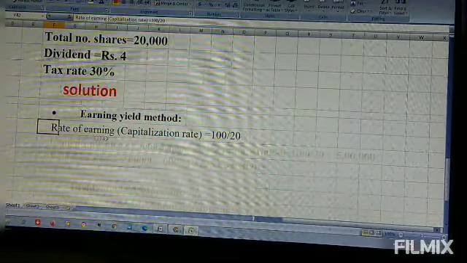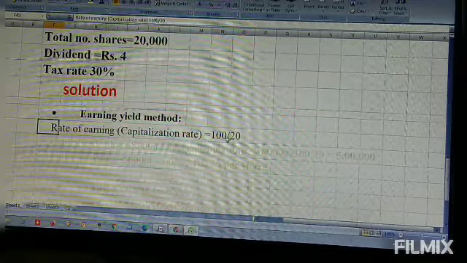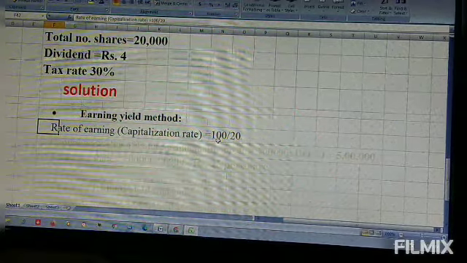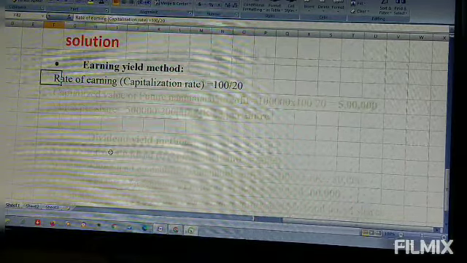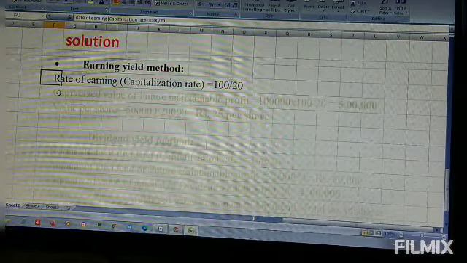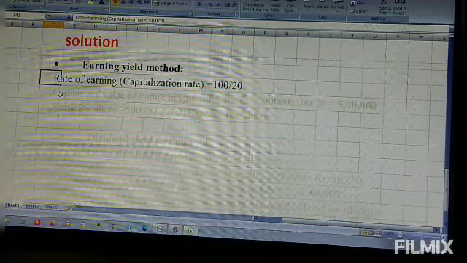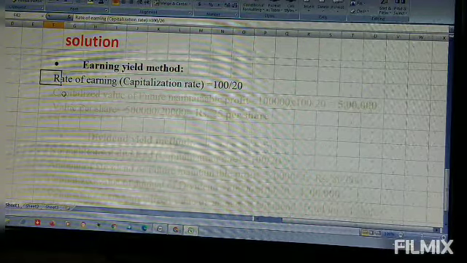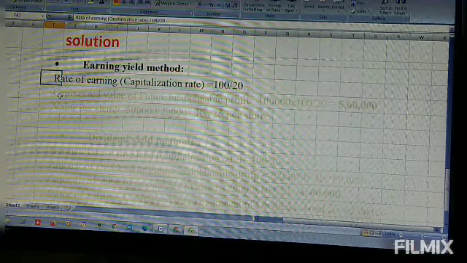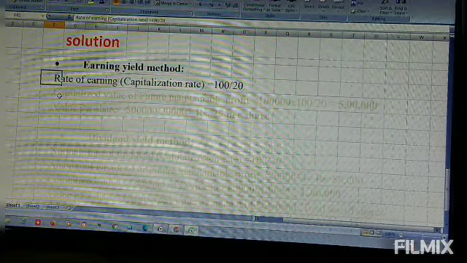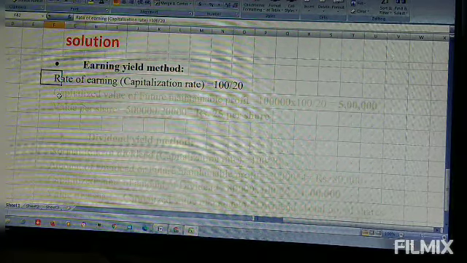So this is the rate of earning or capitalization rate. How can we find it out? This is the reciprocal of 20%. Then we'll find out the capitalized value, right? The capitalized value of future maintainable profit is 1 lakh into 100 divided by 20. So 1 lakh is the total profit you are earning. So for every 20, 100 must be the investment.